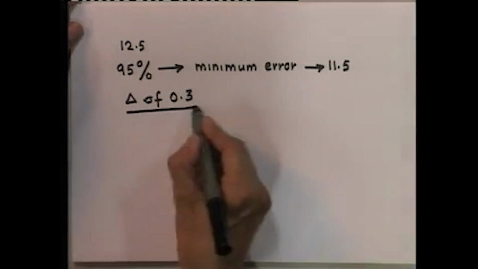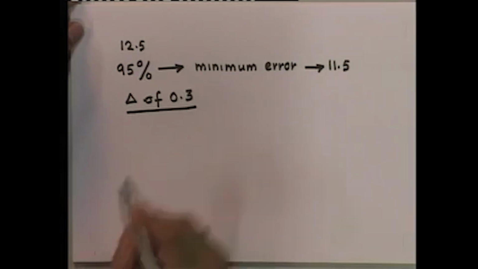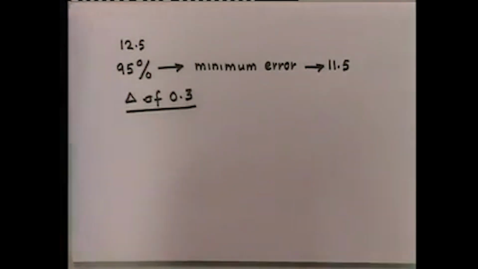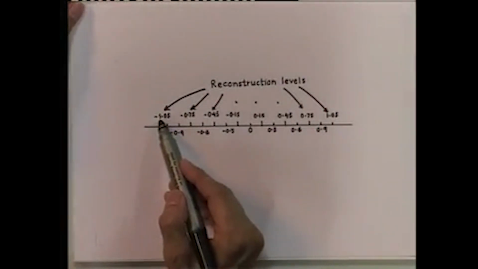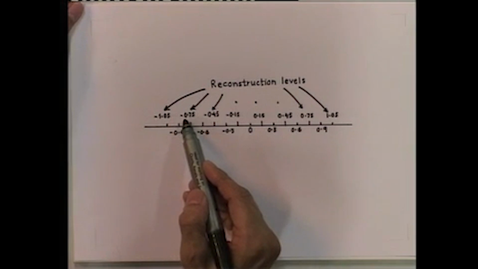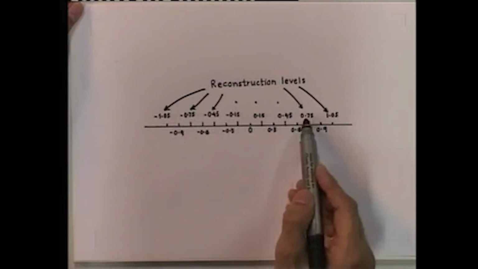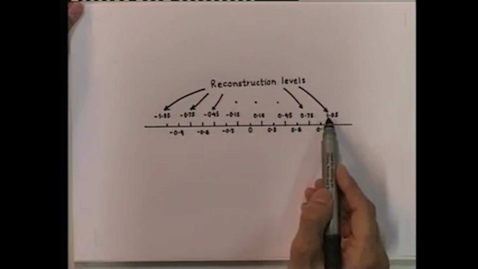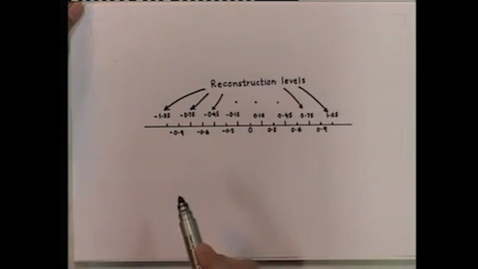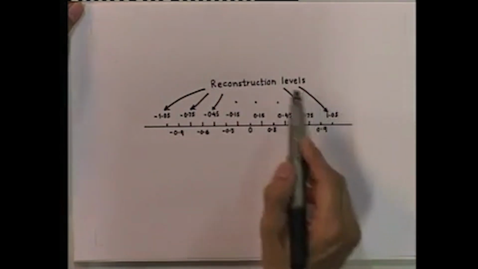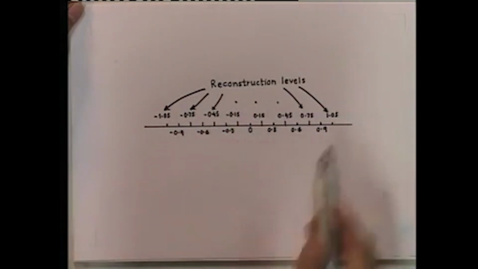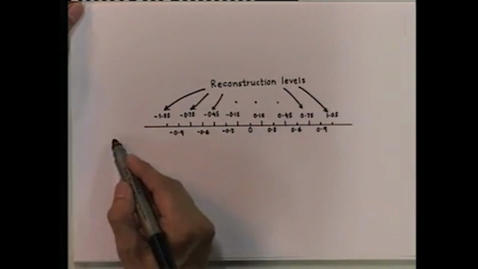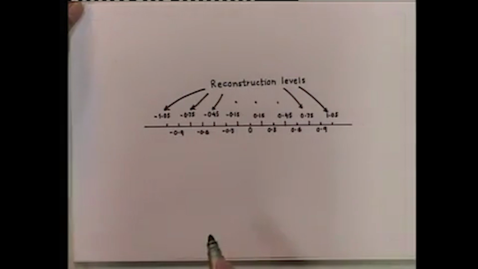Now, based on this step size, the reconstruction levels would be as follows: minus 1.05, minus 0.75 up to plus 1.05. And these are the decision boundaries, where the extreme ones are minus 100 and plus 100.